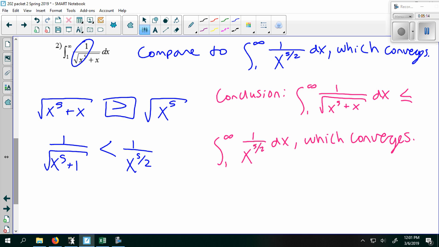So if my integral is smaller than a convergent integral, it has to also converge. So the integral from 1 to infinity of 1 over the square root of x to the 5th plus x dx also converges by the comparison test.